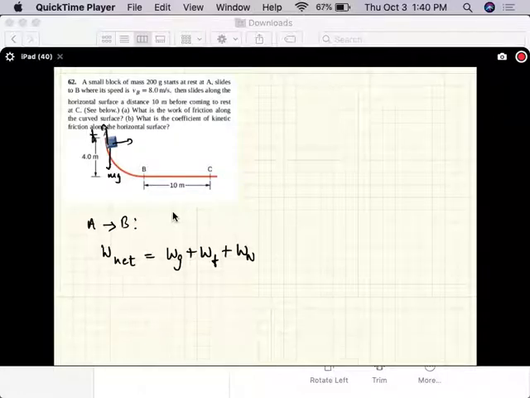Now the normal force always does zero work because it's always perpendicular to the displacement.